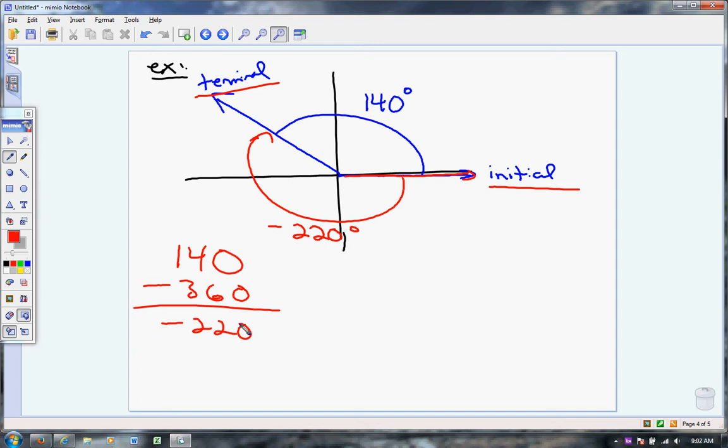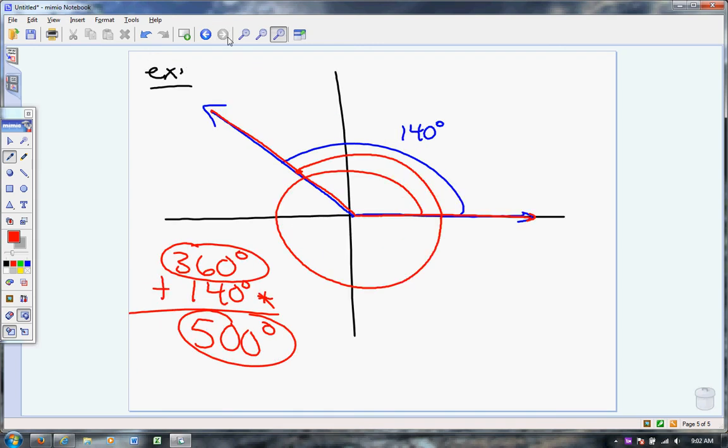Now, guess what? There's still another possibility in this case. You know how we went around to 500 degrees? Guess what? I could go around a whole other time. So I could keep adding 360. And I could say that an angle of 860 degrees is coterminal.